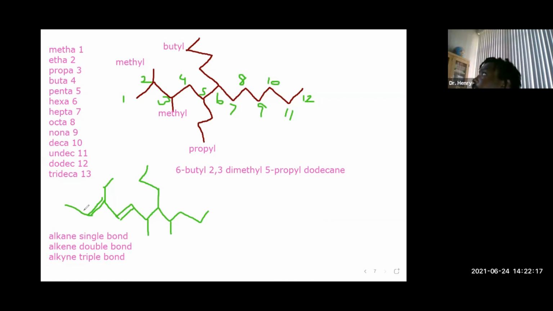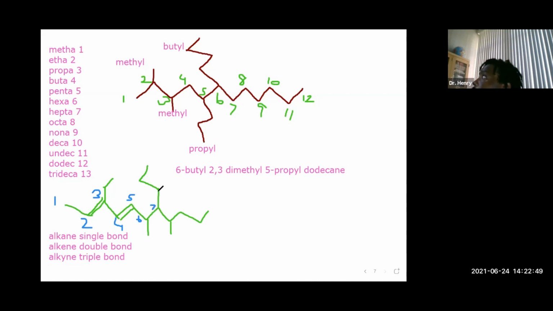okay, so we have this structure here. First thing I'm going to do is to do what? Longest carbon chain. 1, 2, 3, 4, 5, 6, 7.